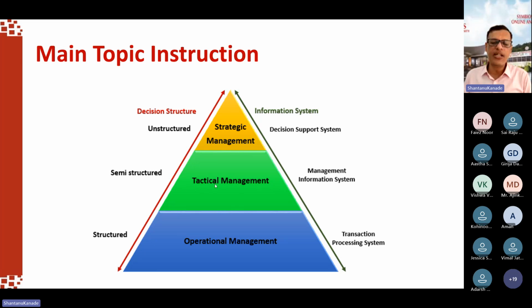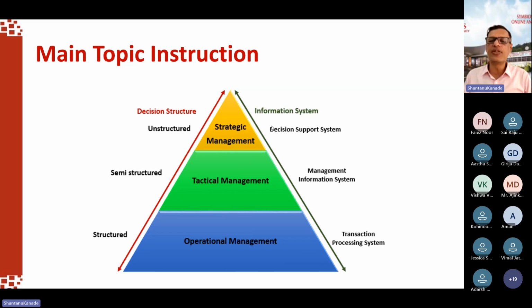At the middle level or tactical management, everything is semi-structured. Whereas the information systems supporting this organization structure at the very bottom level of the organization is a transaction processing system. At the middle level, it is a management information system, or we call it a management support system. And at the top level, there is a system called a decision support system.